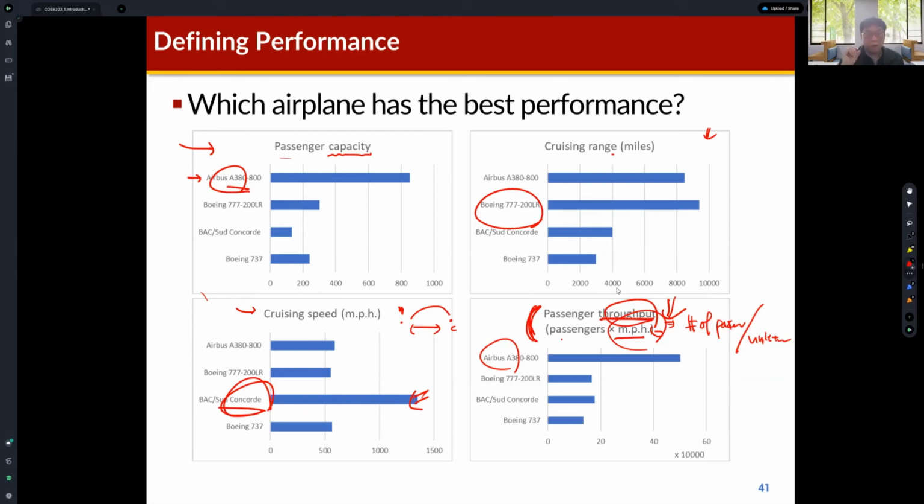In this analogy, we can see that we select different performance metrics based on the purpose of a machine or a system. If we focus on the amount of workload, like the number of passengers per unit time, then we can consider the throughput.